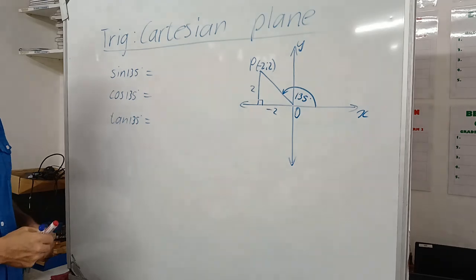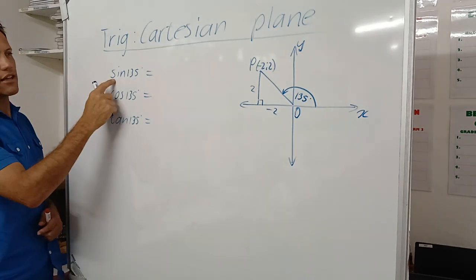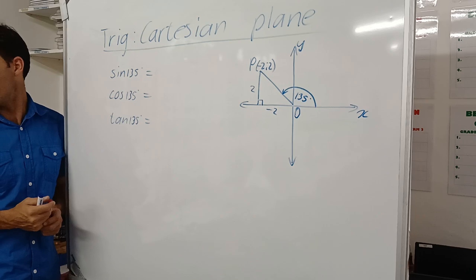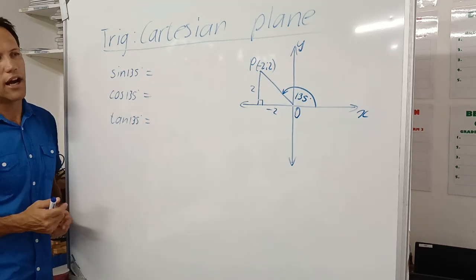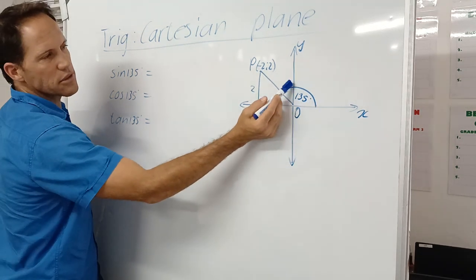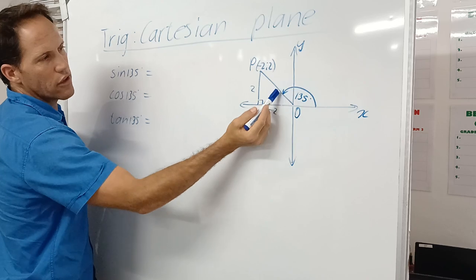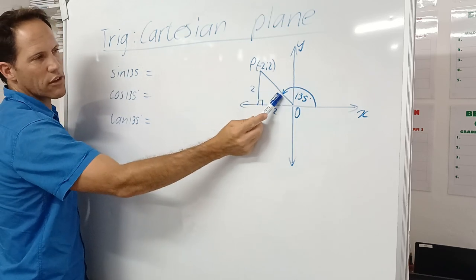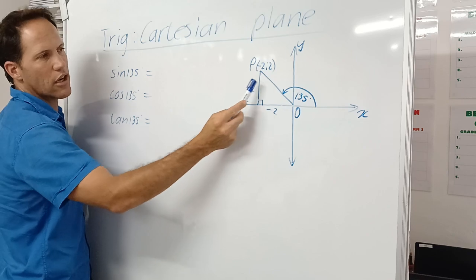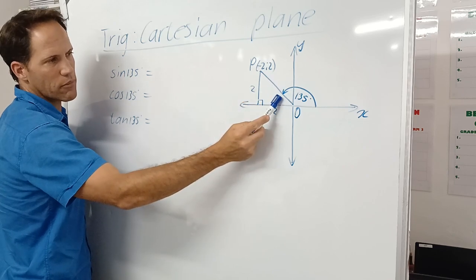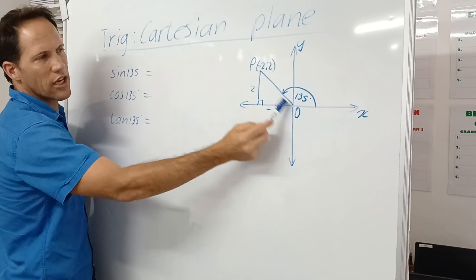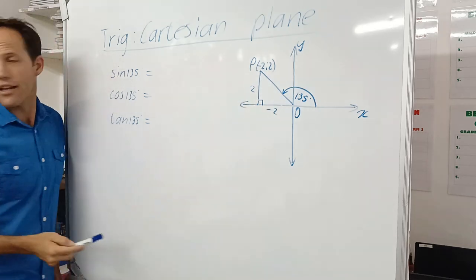So when they ask you, what is sine 135? Okay, sine 135. Now we can see here, this angle is 135. So from this angle, sine 135 is opposite over hypotenuse. But now the problem is we don't know the hypotenuse side.